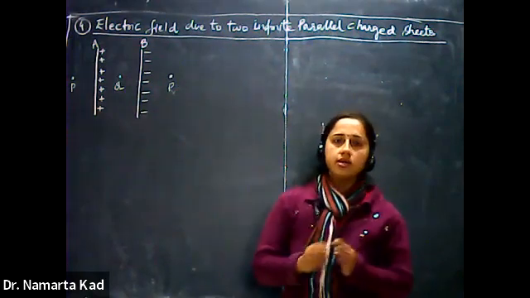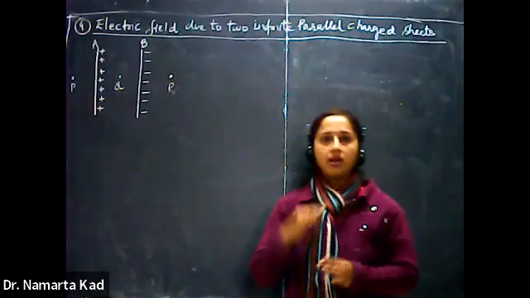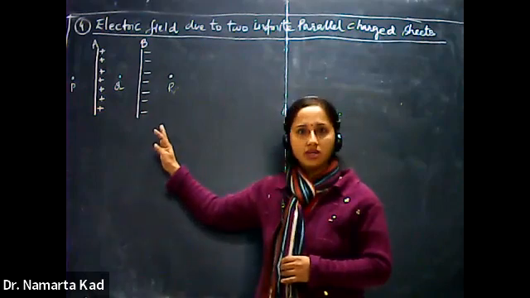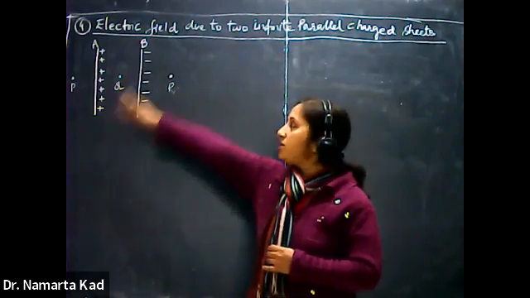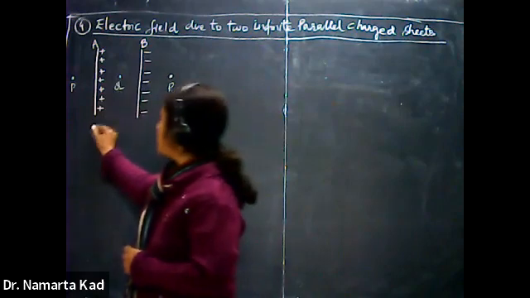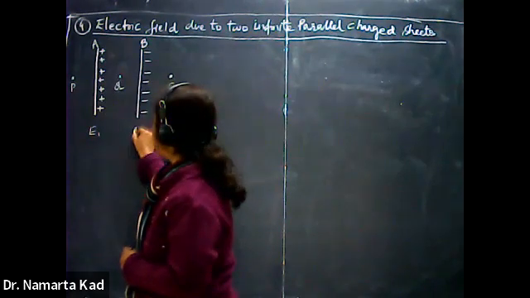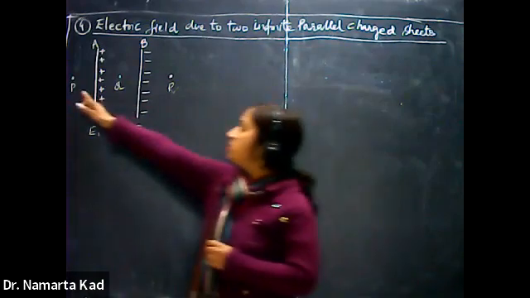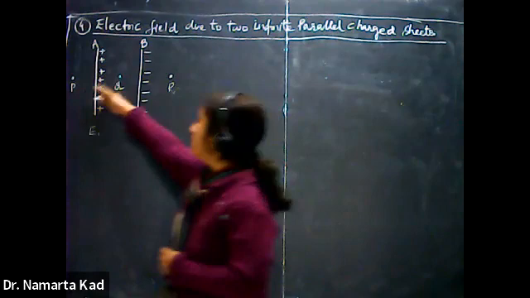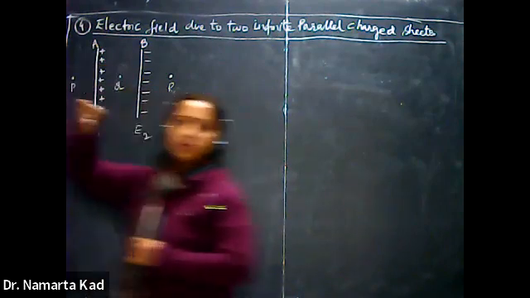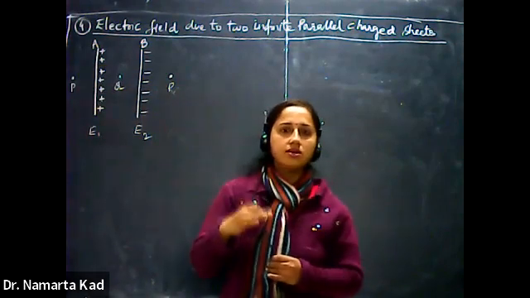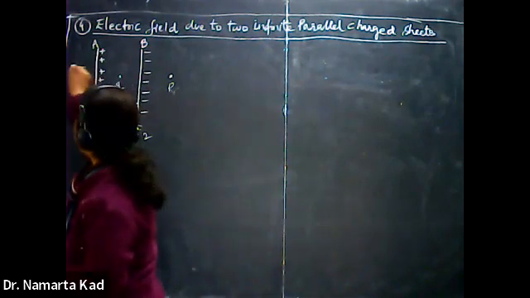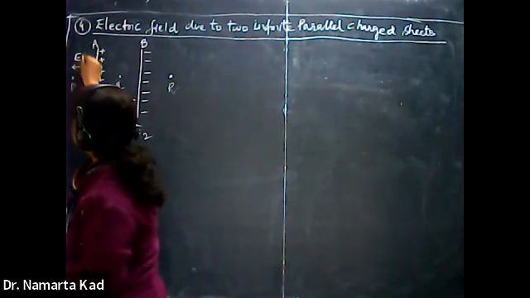Now we know that the field lines are diverging for the positive charge and converging for the negative charge. So for the point P, let the electric field for sheet A be E1 and for sheet B be E2. What is the direction? For the positive charge the field lines are diverging, so the direction for the E1 vector is this one.